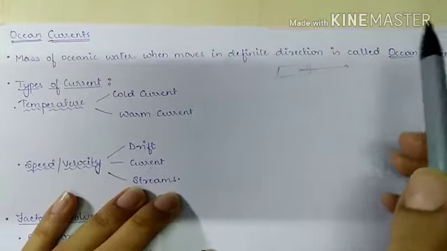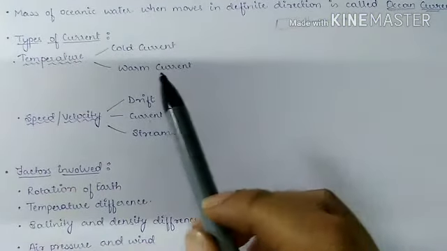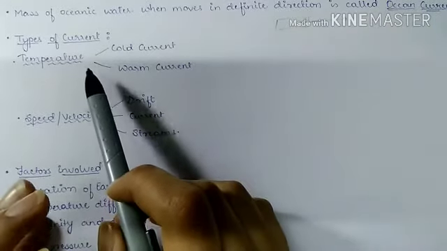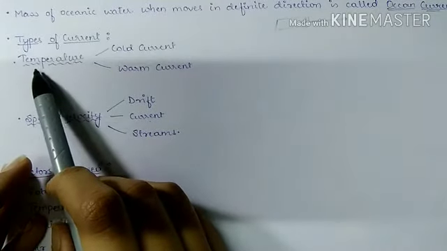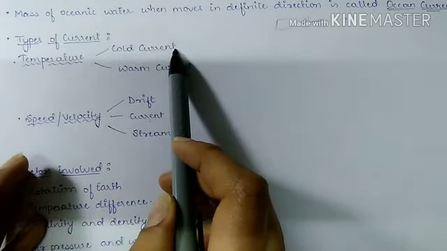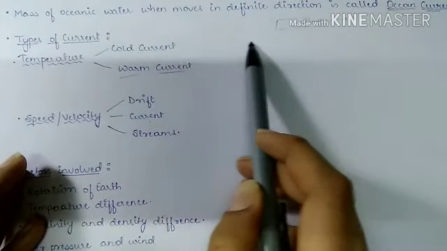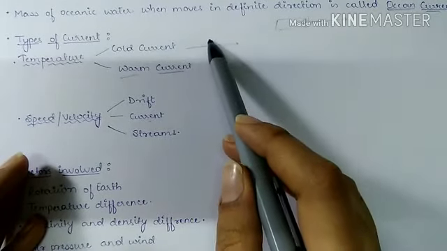Now we have classified currents into two basic types, and the first classification is on the basis of temperature. On the basis of temperature, currents can be classified as cold current and warm current. The cold current is the mass of water coming from the poleward side and carrying cold water.